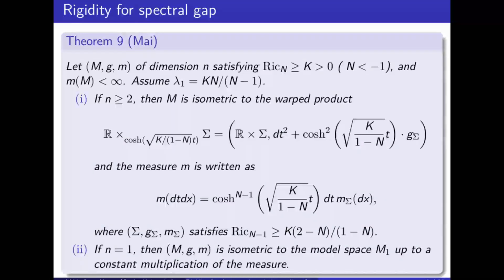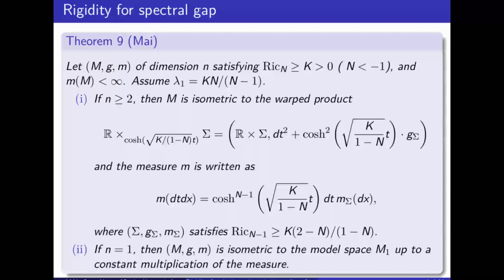In my previous research, I found that if a manifold of dimension n satisfies the positive Ricci curvature bound for effective dimension n smaller than minus 1 and is of finite volume, and we assume furthermore that the first non-zero eigenvalue of the Laplacian attains the lower bound kn over n minus 1, then for high-dimensional spaces, M must be isometric to the warped product of the one-dimensional Euclidean space with the hypersurface, and the warping function is a hyperbolic cosine function.